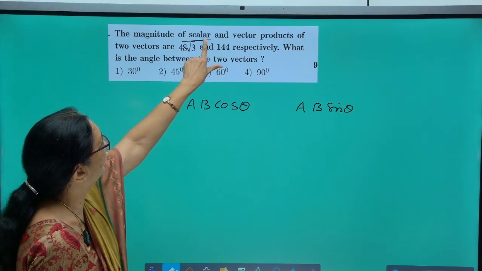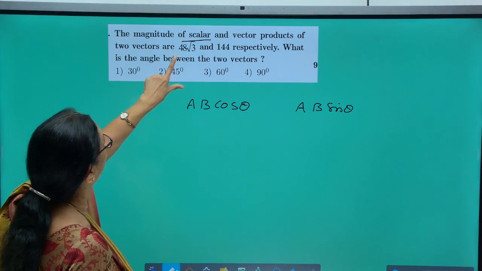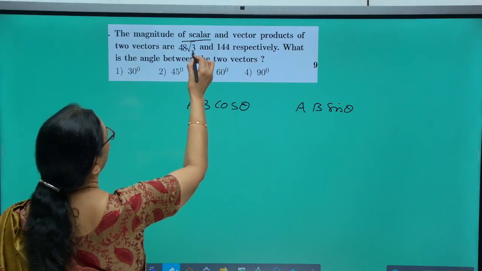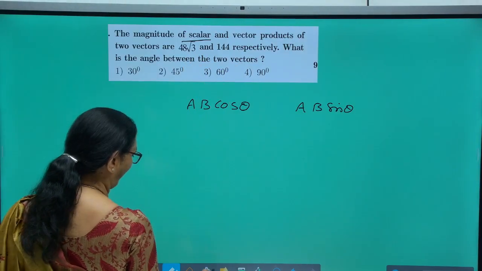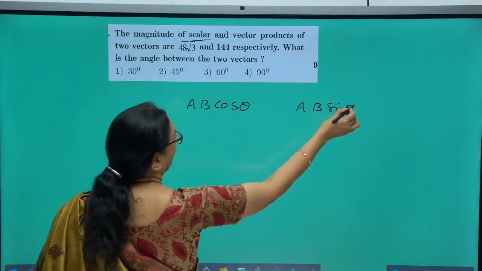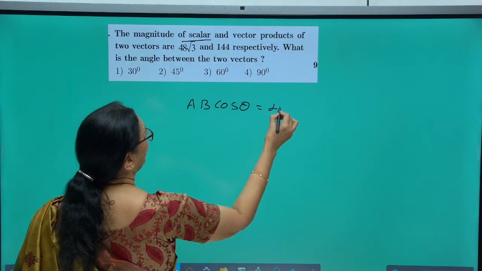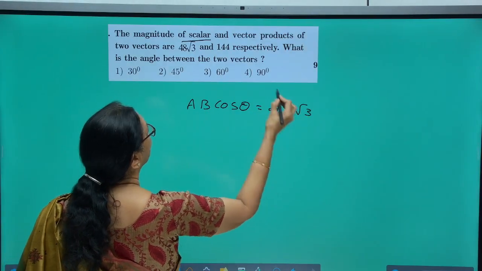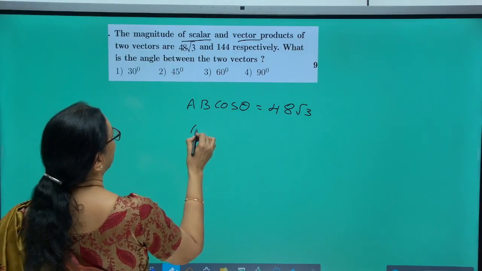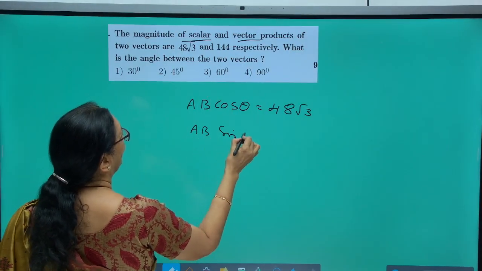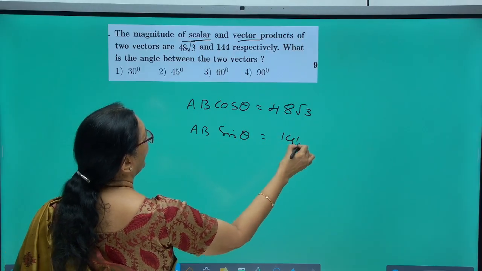Magnitude of scalar and vector product of vectors are 48 root 3 and 144 respectively.